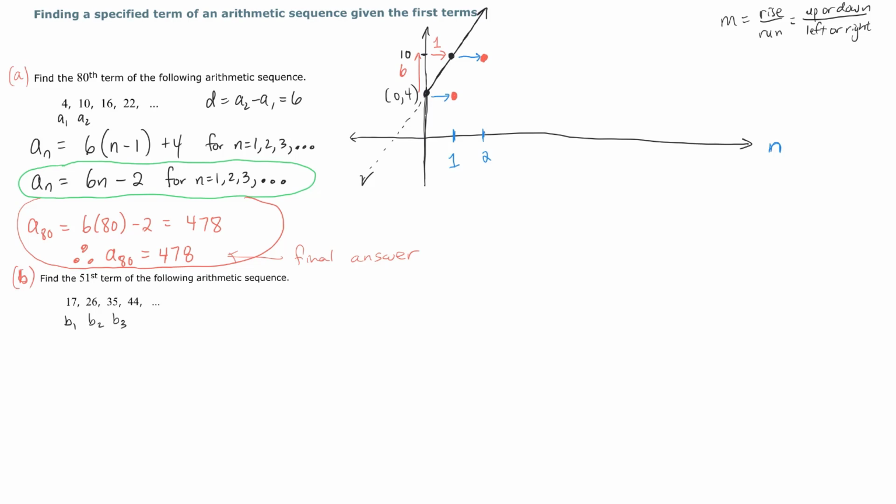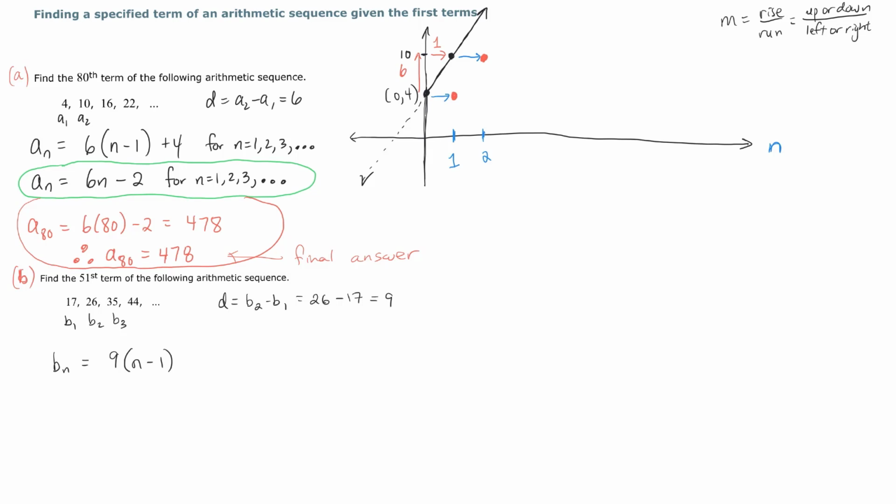Once again, let's find the arithmetic difference, which will also represent the slope of a linear line. In this case, 26 minus 17, we get 9. Let's call this b sub n. We're going to write the slope, 9. We're going to transform the n values 1 unit to the right. So I'm going to write n minus 1.